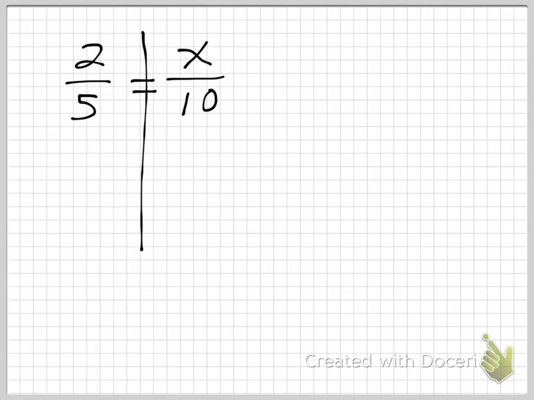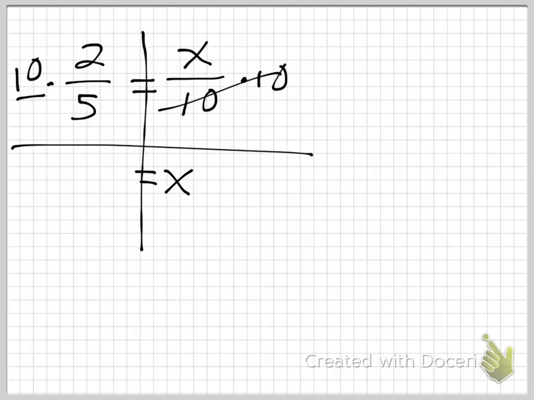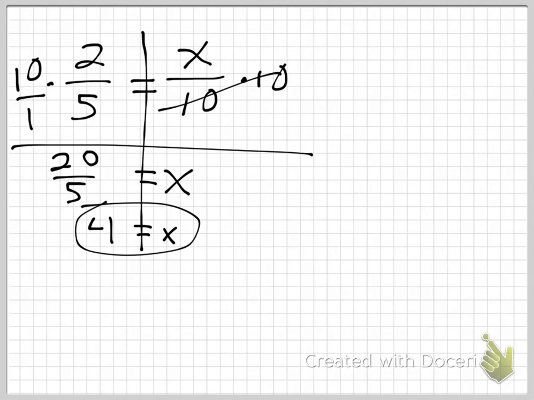What's the opposite of divide by 10? What is 10 times 2? It's 20 over 5, which is 4. Agreed? And it actually needs to be written like this, variable equals number. That is my way of doing it. It can be done that way, no problem.